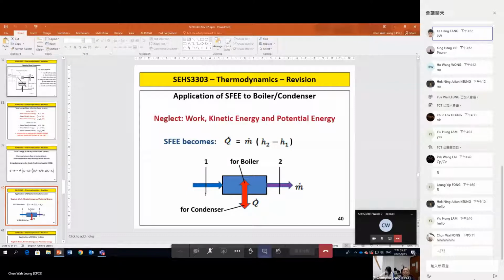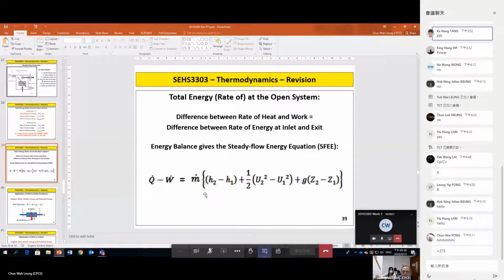So now let us apply the steady flow energy equation to a boiler. A boiler involves no work. A boiler is purely just a box or a kettle, all right?